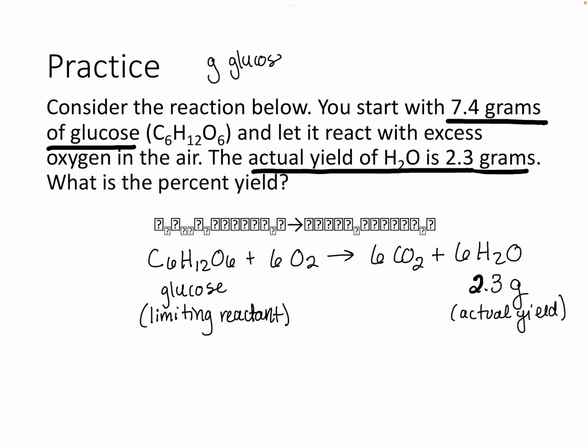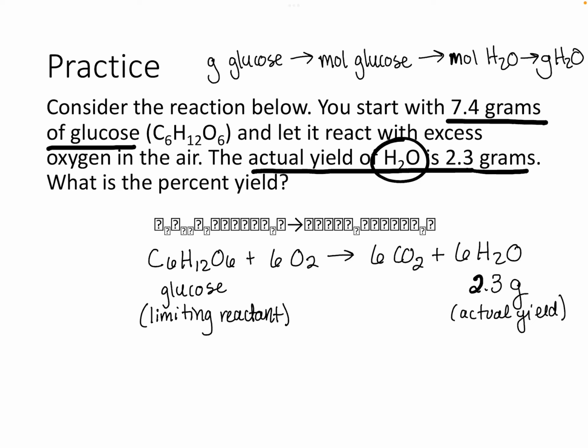And we're going to, again, follow that flow chart from the last video. We're going to convert that to moles of glucose. And then in this problem, it sounds like the product we're interested in is water, H2O. So let's convert moles of glucose to moles of water, and then finally grams of water.